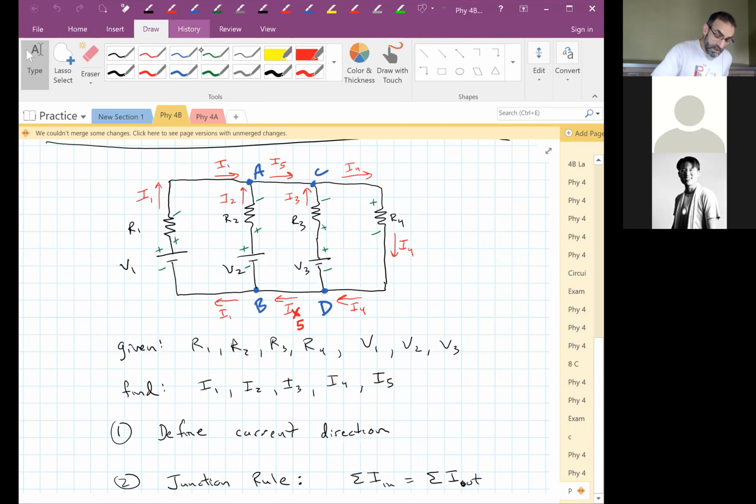So my loop is including V1, V2, R1, and R2.